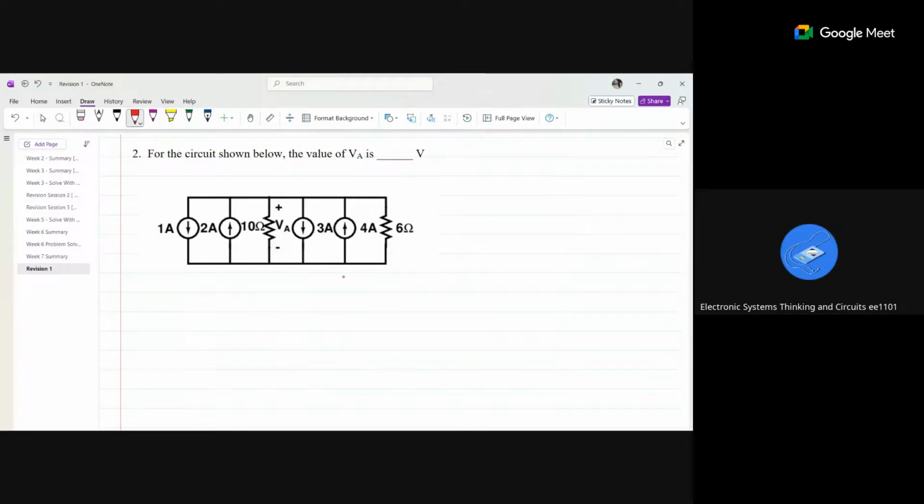So that is a circuit where you have to find the value of VA. Yeah, you can use any method. Find the value of VA, but make it fast.